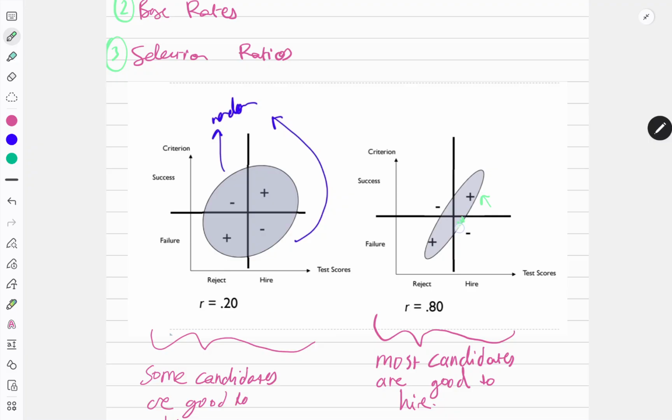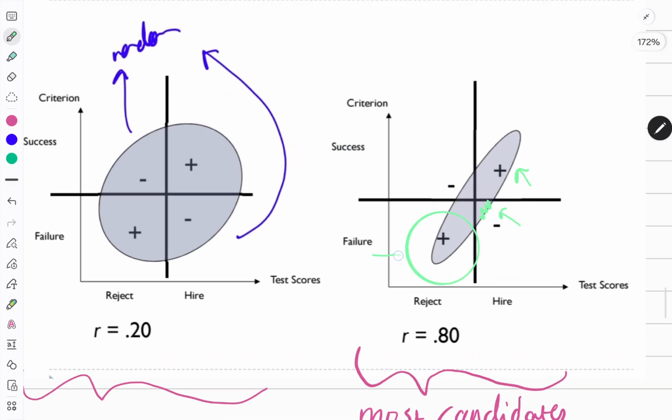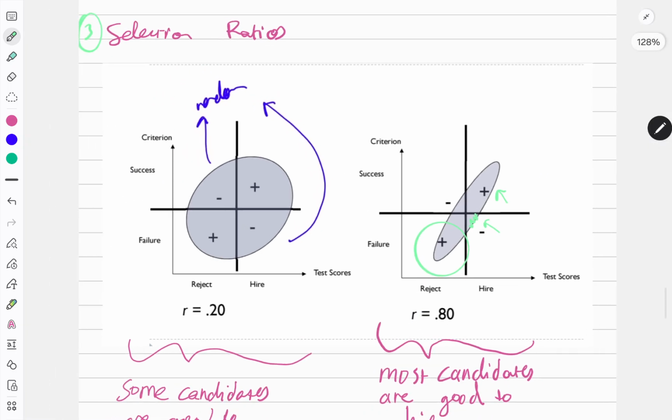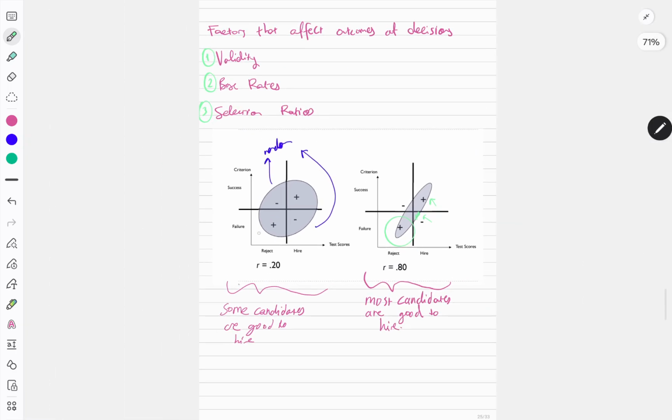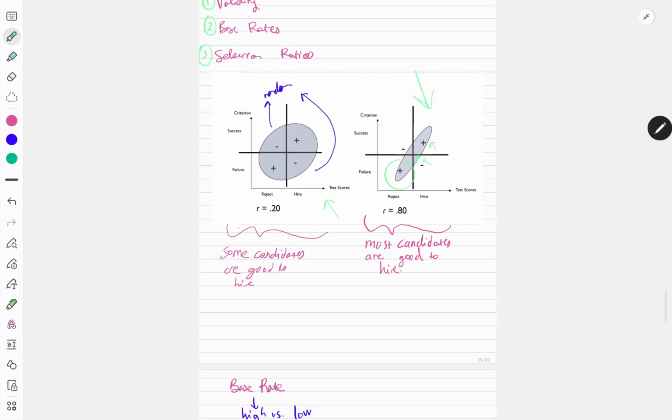And here we have a small portion that we will hire, although they are not successful employees. And then we have successfully found the people that we really don't want to hire because they're not successful. So here you can see how validity affects our decisions and how higher validity makes our decisions way more efficient and less risky.